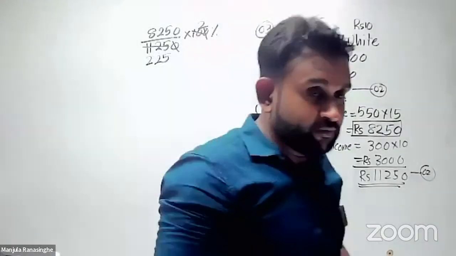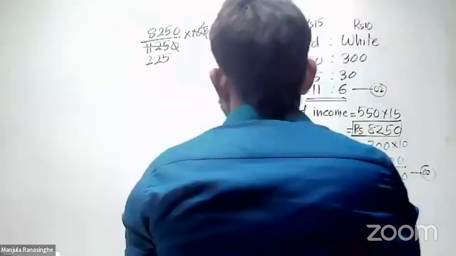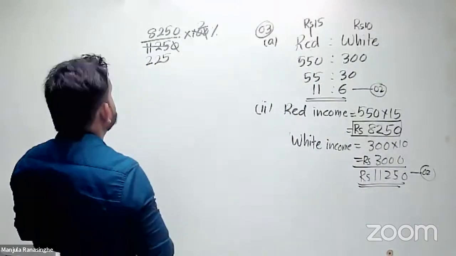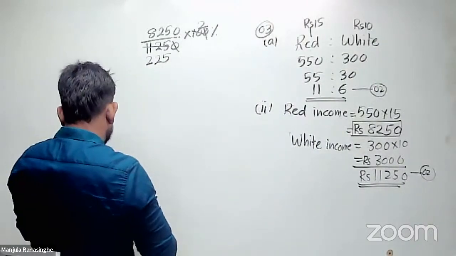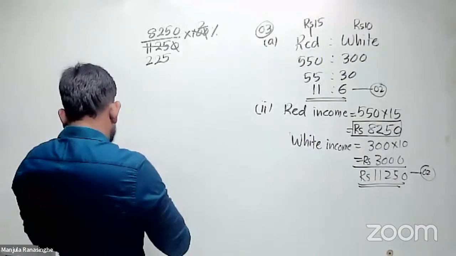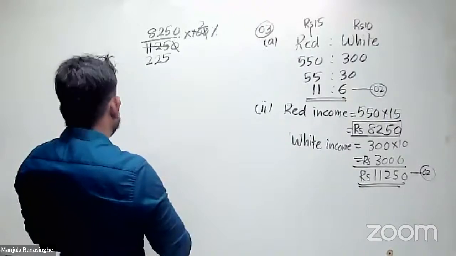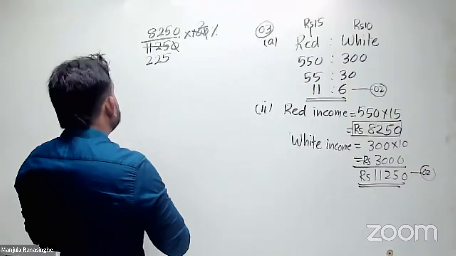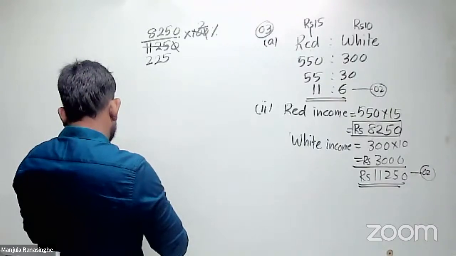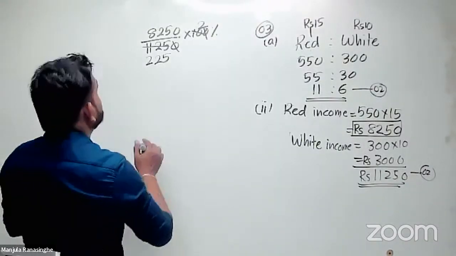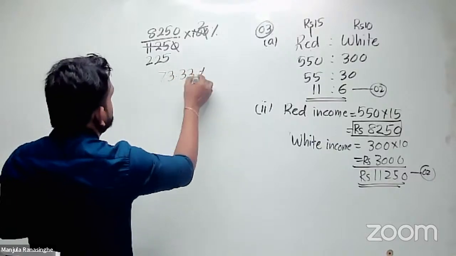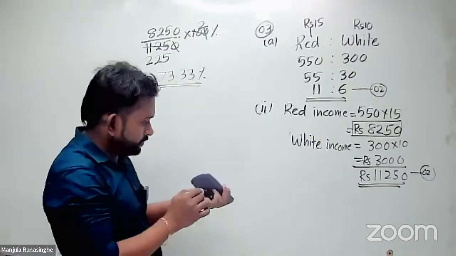So check the simplification. Then 8250 into 2 divided by 225. Is it simplified or not? It is not simplified. I think it is coming to 73.33 percent, right? This decimal, right?